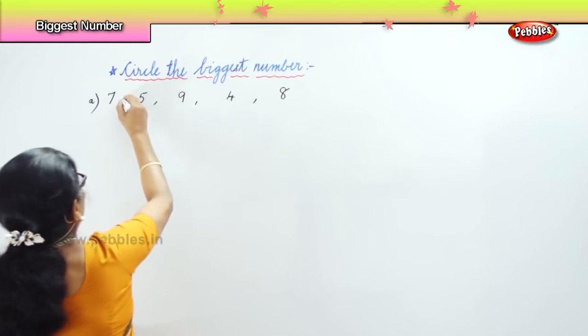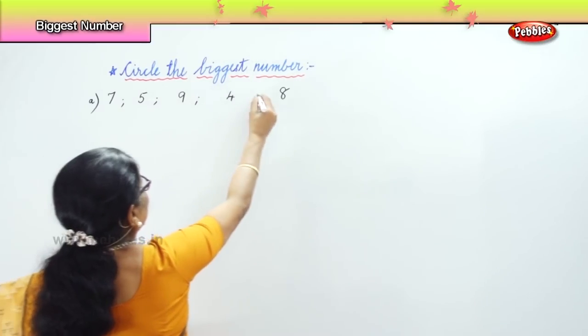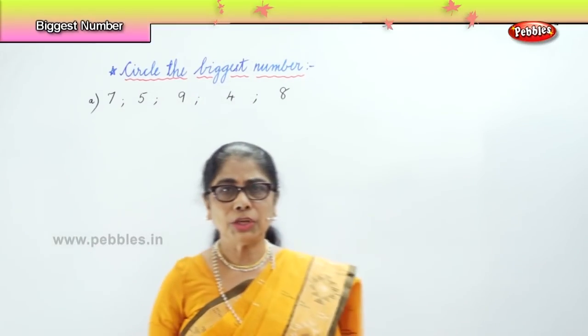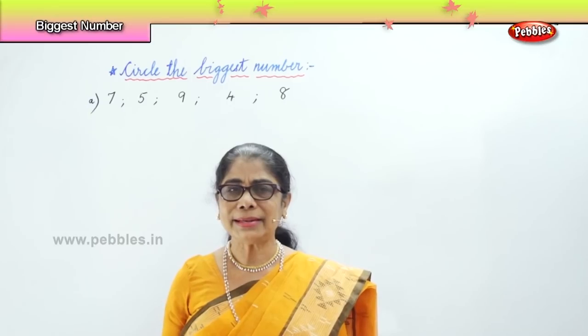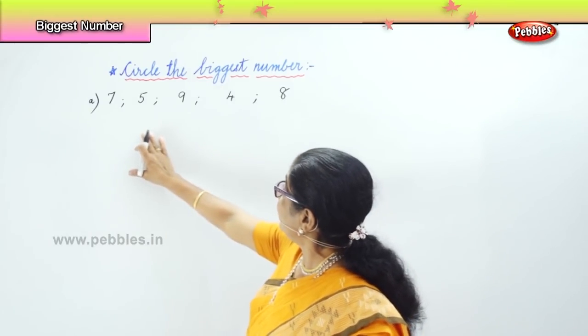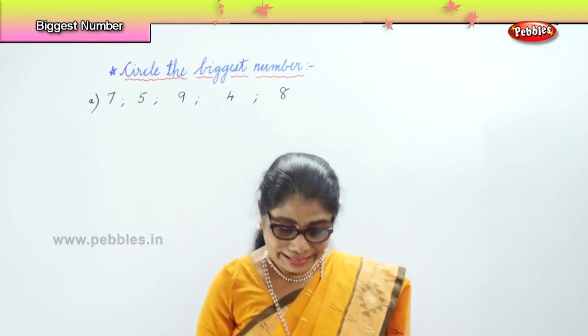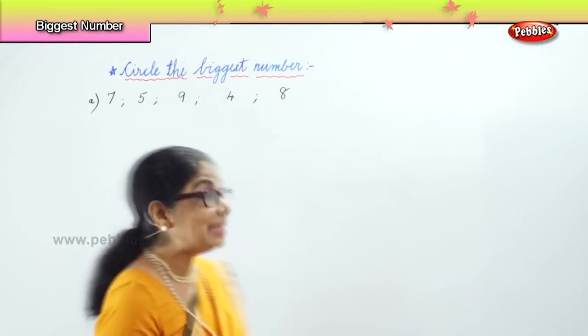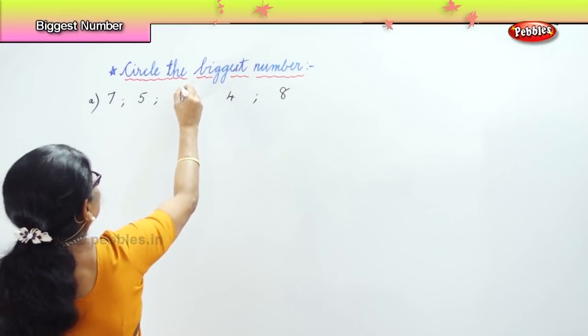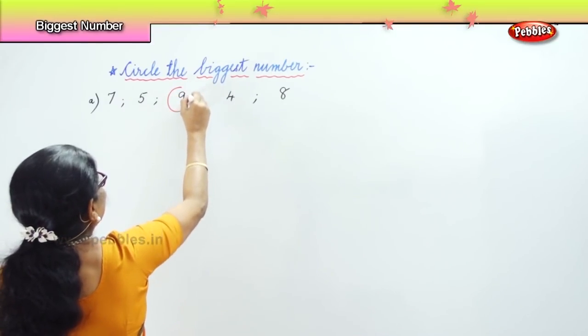So we have 5 numbers. You will look, which is the biggest? 7, 5, 9, 4, 8. Yes, very good. So we will circle the number that's the biggest in the line.